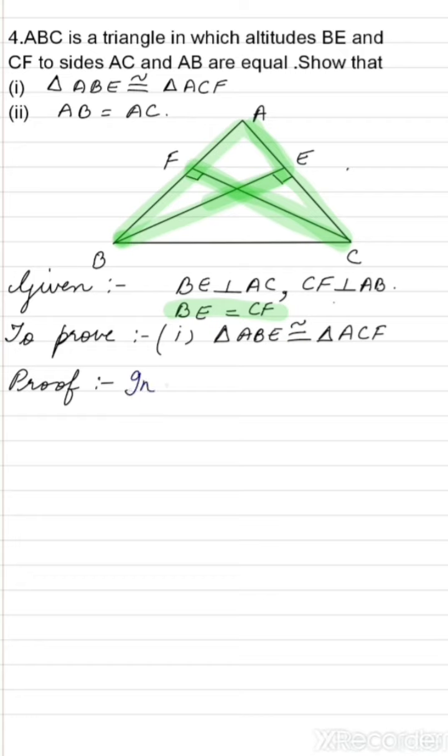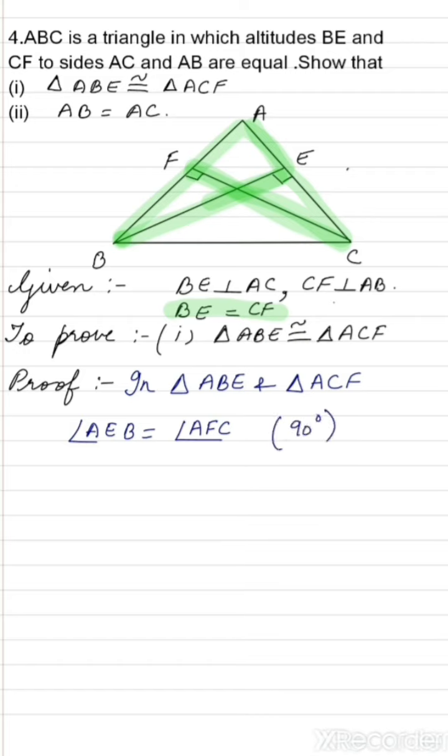For proving these two, we'll start the proof. In triangle ABE and triangle ACF, we see that angle AEB is equal to angle AFC, because both are equal to 90 degrees. Then angle BAE is equal to angle CAF.